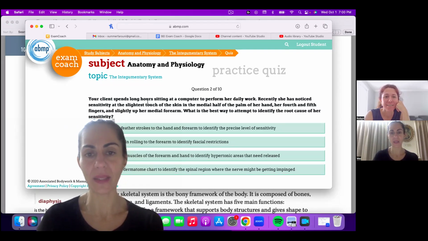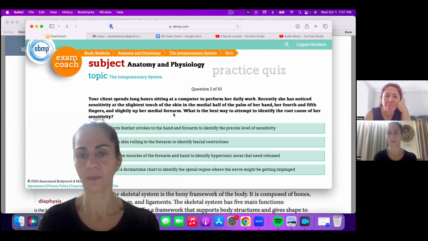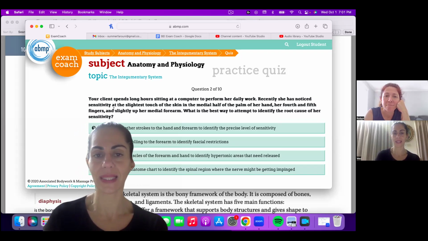Your client spends long hours sitting at a computer to perform her daily work. Recently, she has noticed sensitivity at the slightest touch of the skin in the medial half of the palm of her hand. Her fourth and fifth fingers are slightly affected, up her medial forearm. What is the best way to attempt to identify the root cause of the sensitivity?